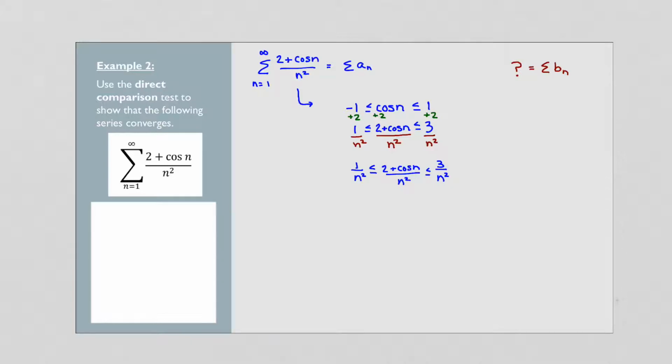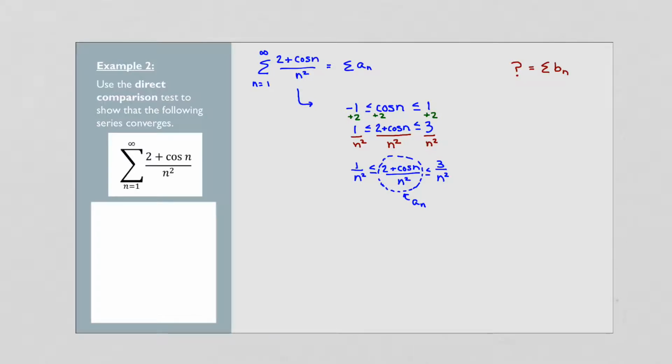What does that help me do? Well, this was the nth term of my original series, a sub n. I can compare 2 plus cosine n over n squared to either 1 over n squared or 3 over n squared. Which one should we let b sub n be?